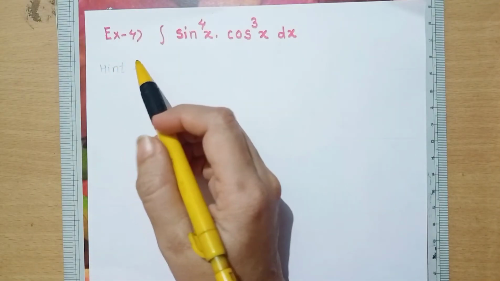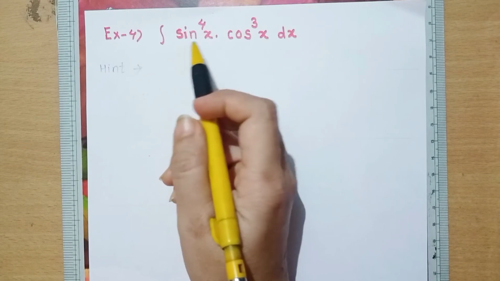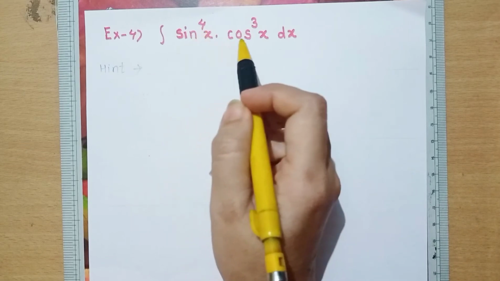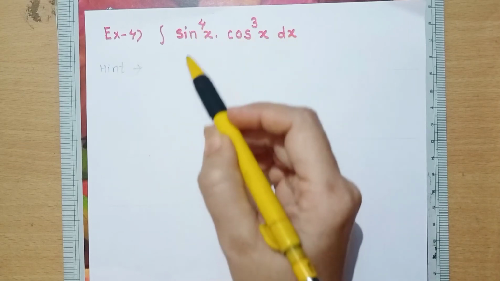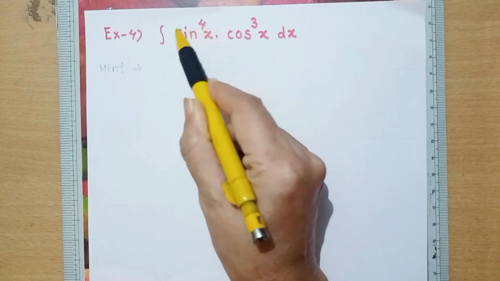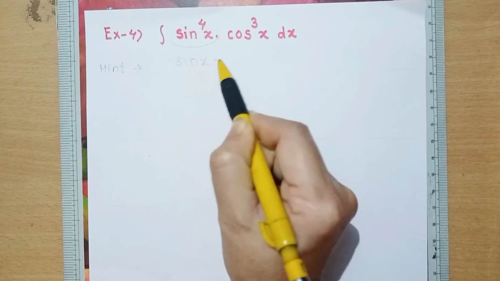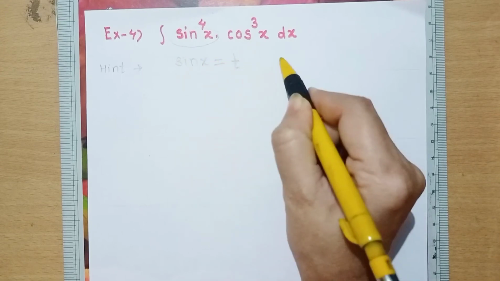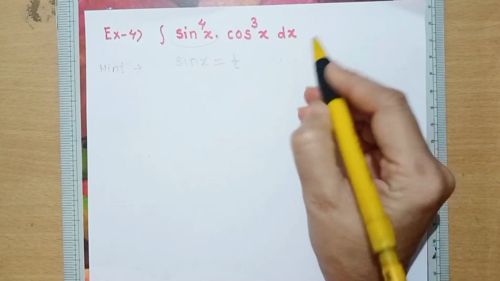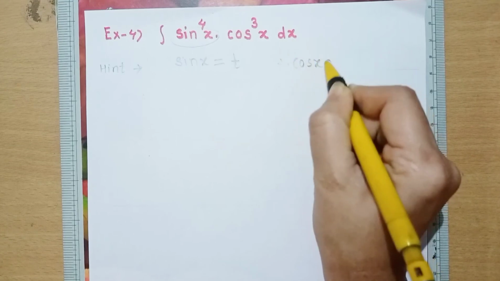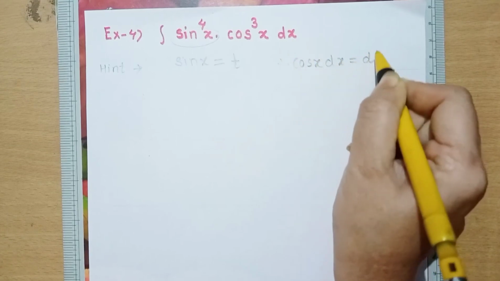This is our fourth example. Integration of sine of x raised to 4 into cos cube x dx. Now here we will substitute sine of x equal to t. So I am writing here, if sine x equal to t, then the derivative of this is cos of x dx equal to dt.